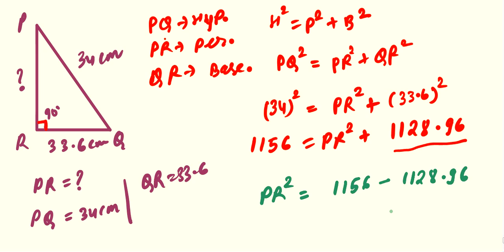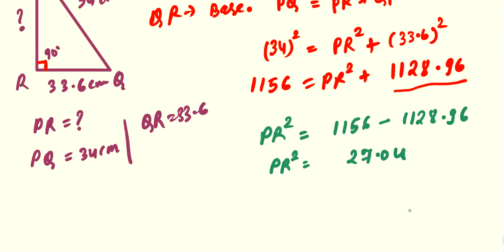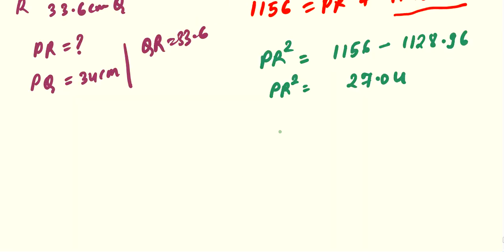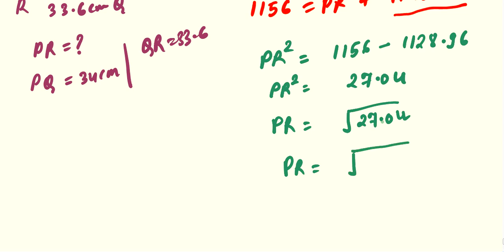So you will get 27.04. So PR square equals to 27.04. Now PR equals to under root 27.04. Now you have to find the square root of this value. So you can write this as PR equals to, now we have decimal here and after the decimal we have two places. So write this as 2704 upon 100.